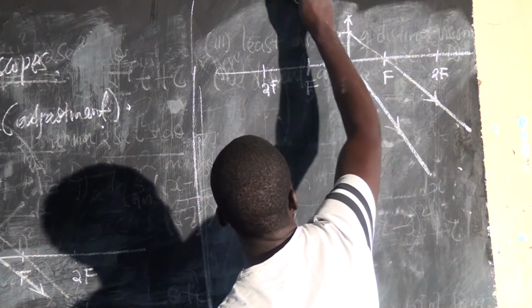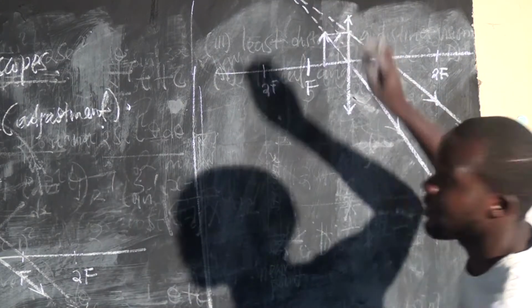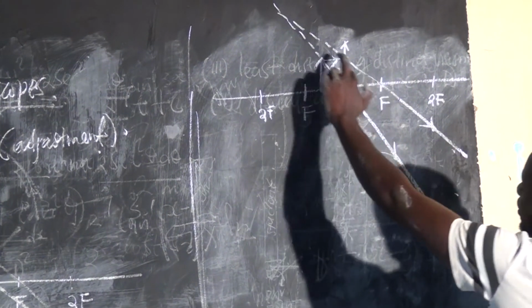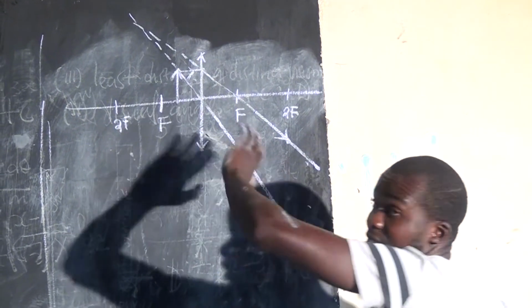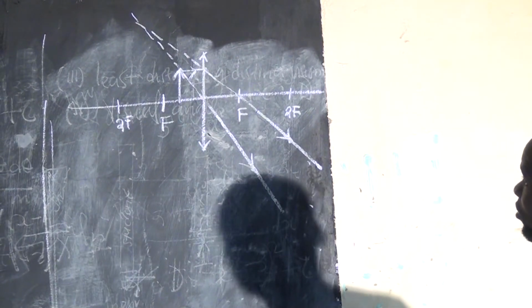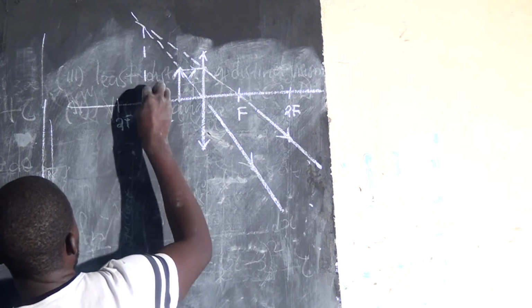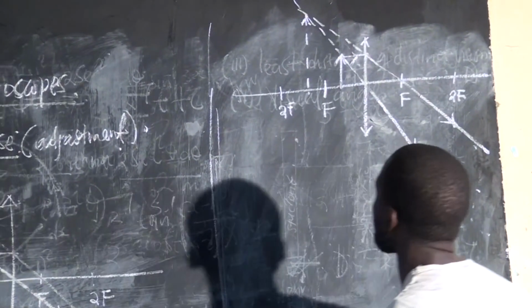Then when I try to extend this side, you must use a ruler here. Just use a ruler to extend, because this other one here must be in a straight line like that. Even this must be in a straight line. So you practice using your rulers. Where these ones intersect, we form a particular image.